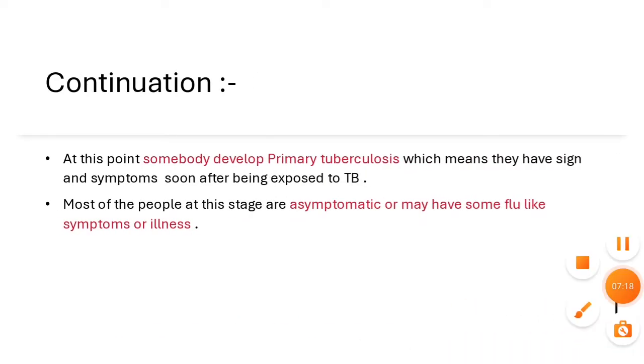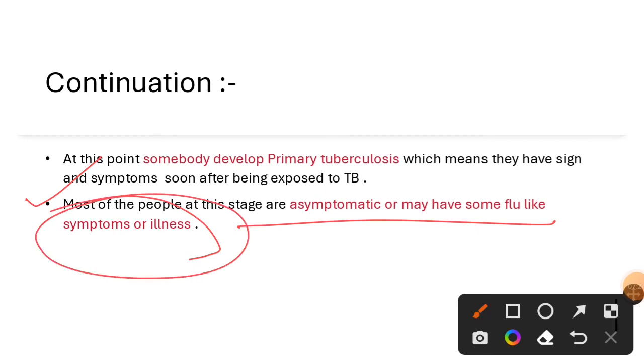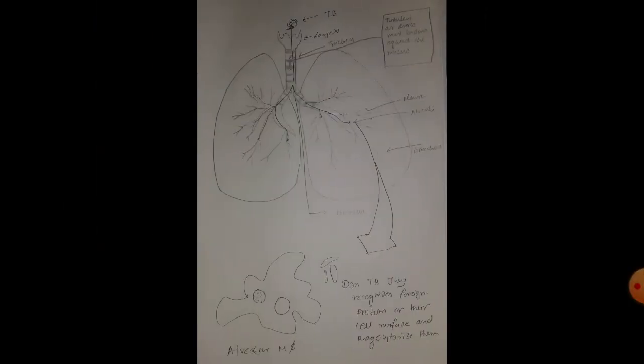Most people at that time are asymptomatic or may have some flu-like symptoms or illness. So that is the idea of how Mycobacterium tuberculosis acquires macrophages.